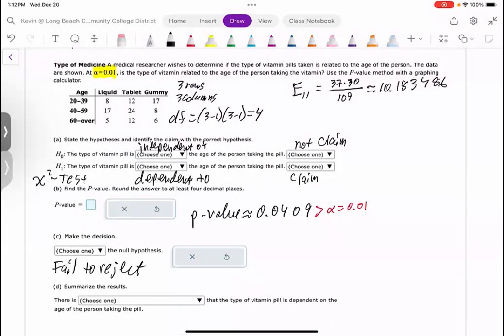And that's going to tell us that there is not enough evidence to support the claim that the type of vitamin pill is dependent on the age of the person taking the pill. So we can conclude that the age and everything is the limit.